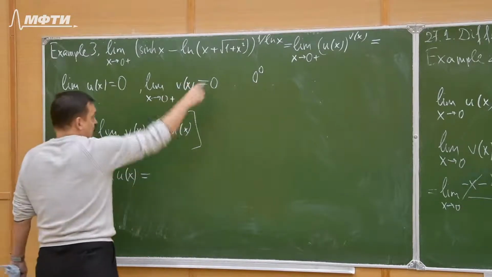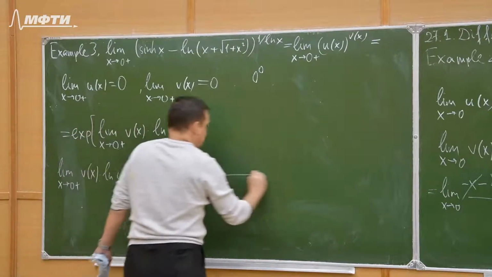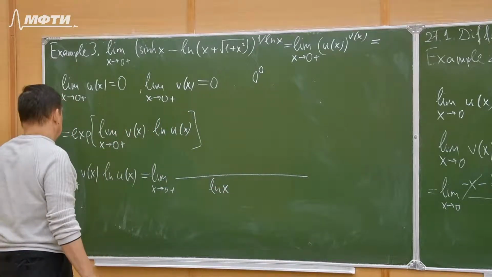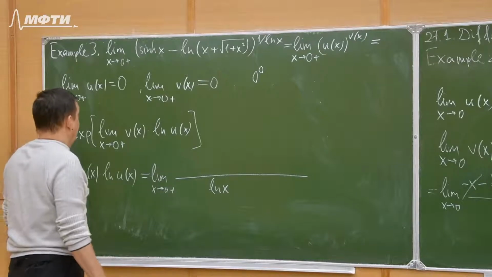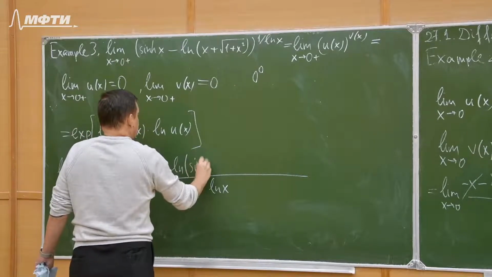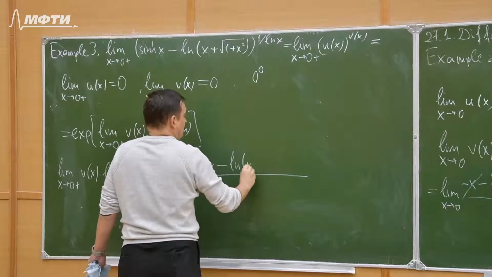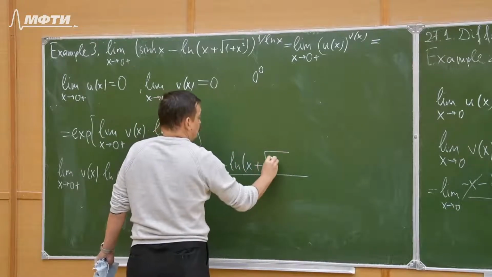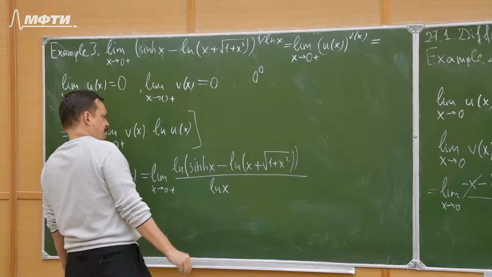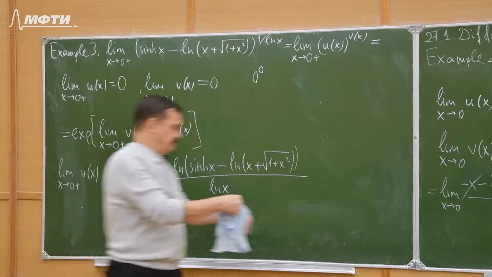V of x is 1 over logarithm x, so I can rewrite as ratio logarithm x, and in the numerator logarithm of sine hyperbolic x minus logarithm x plus square root of 1 plus x squared. That's it. Okay, let me erase.